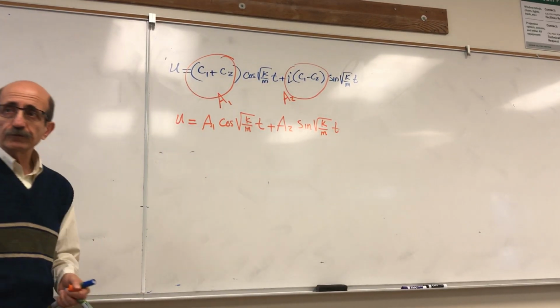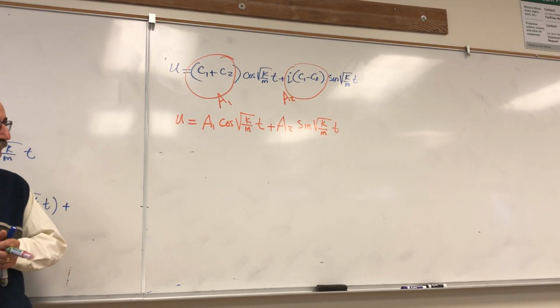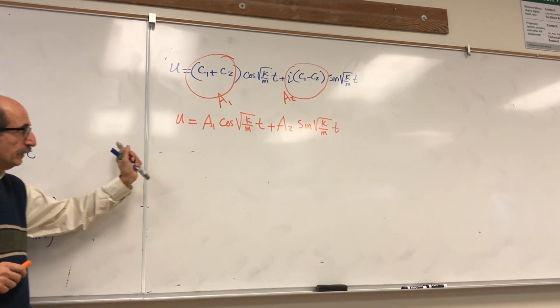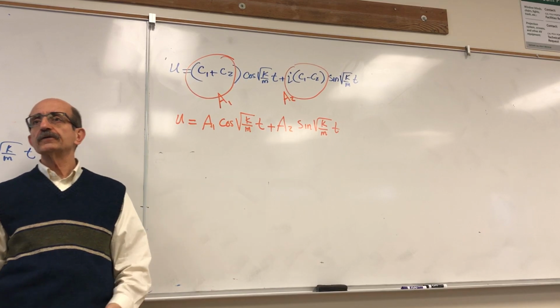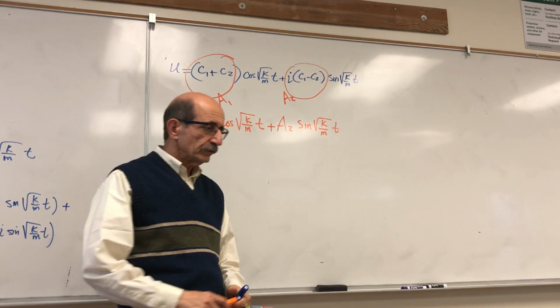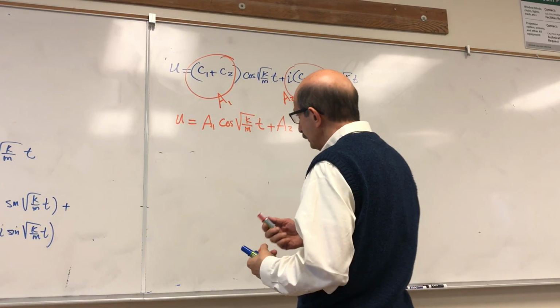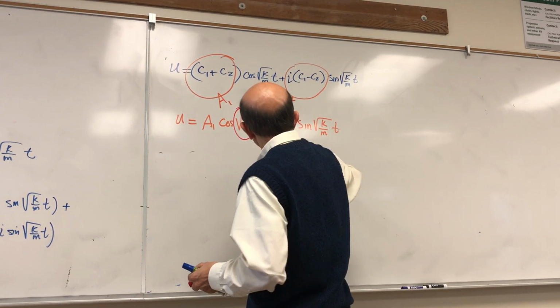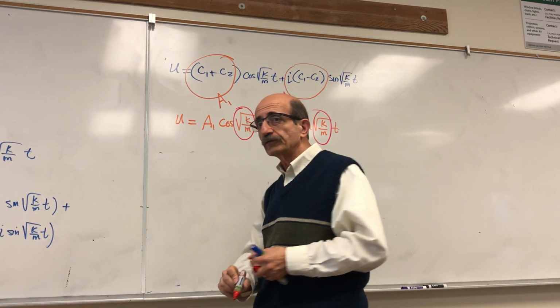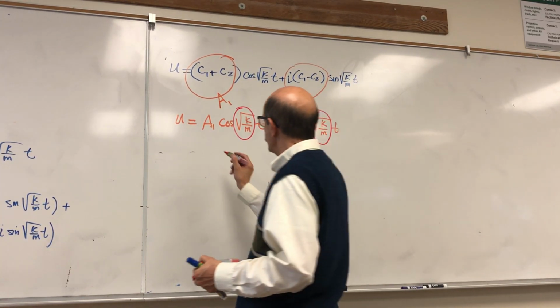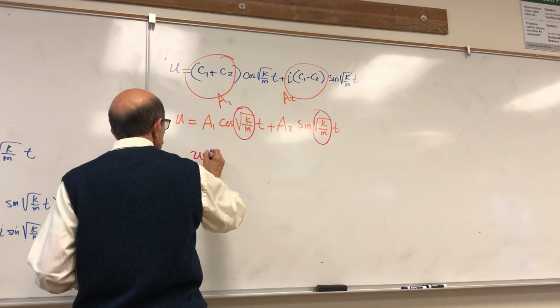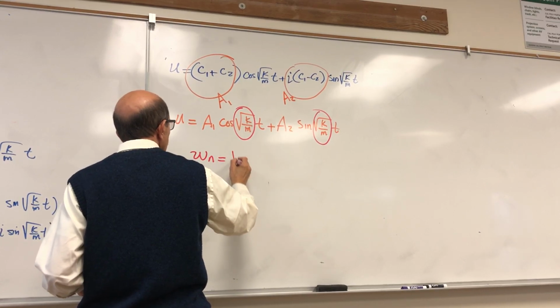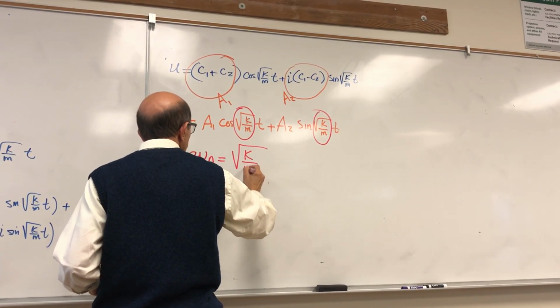If you look at this function, it's simply a harmonic or sinusoidal function, whose frequency of oscillation is this, which I'm going to call omega n, square root of k over m.